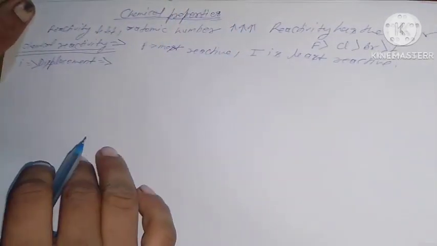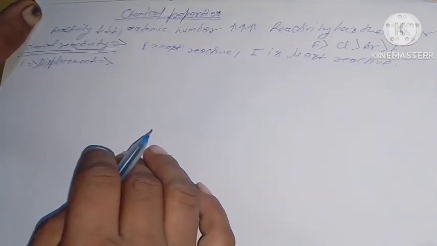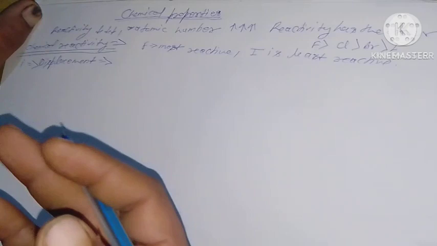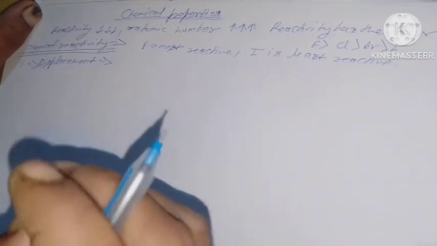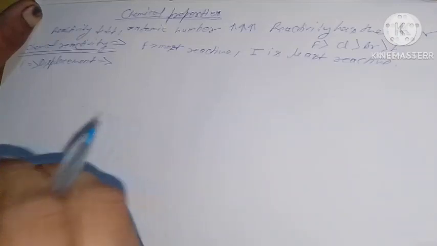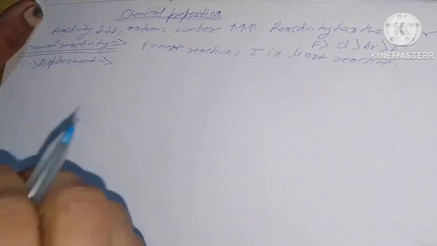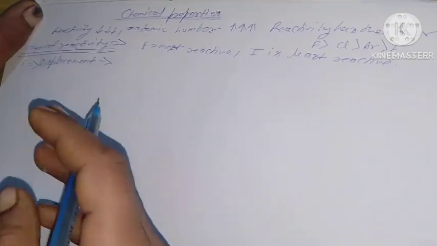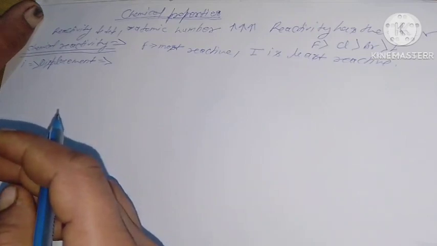When a lower atomic number halogen is passed into a halide solution of a higher atomic number, the halogen of higher atomic number is displaced.